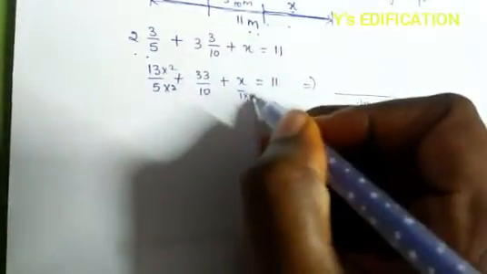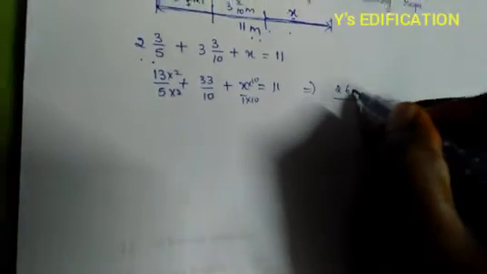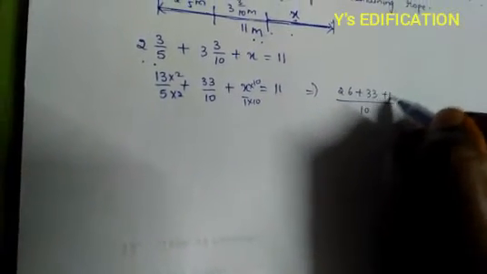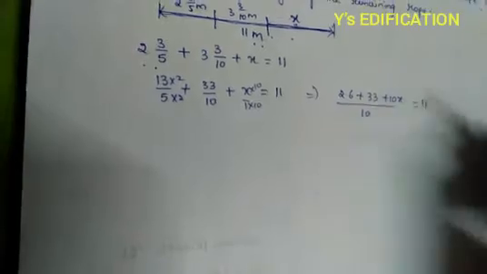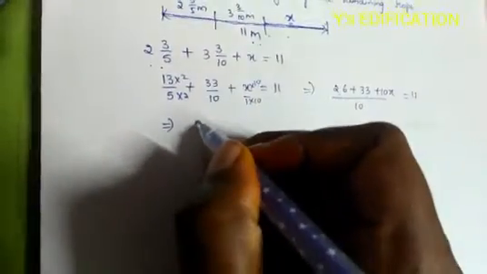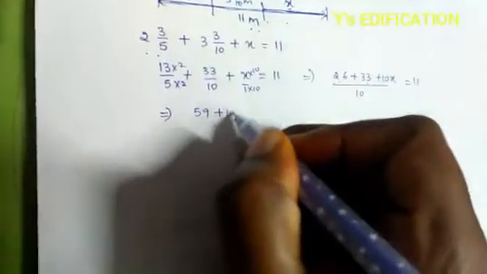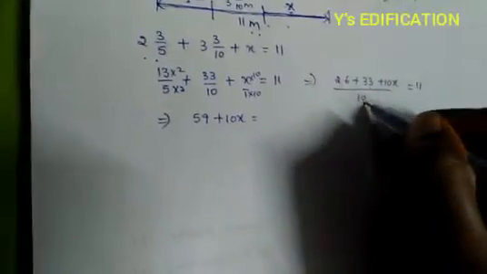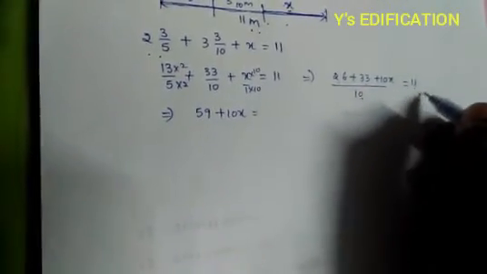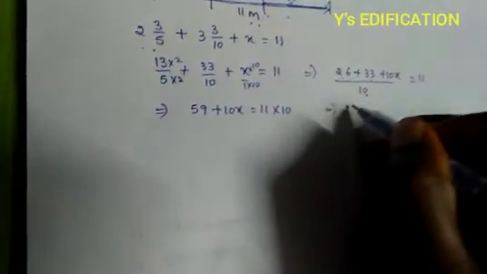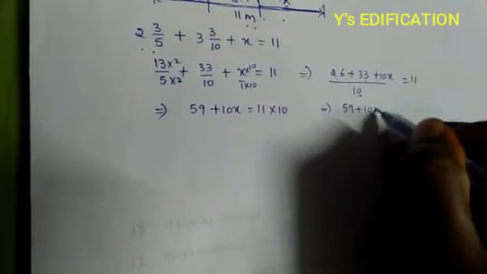So I have to multiply this with 2 and this with 10. 13 into 2 is 26 plus 33 plus 10x is equal to 11. Now I have to add these two. 26 plus 33 is equal to 59 plus 10x is equal to, transposing this denominator to the RHS, 11 into 10, which means 59 plus 10x is equal to 110.